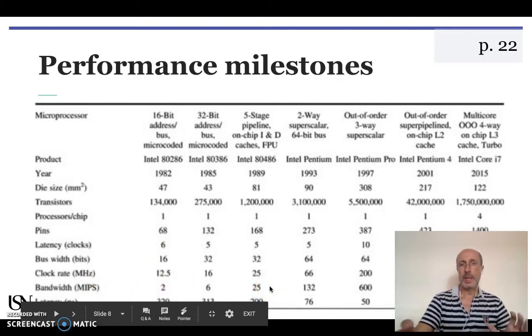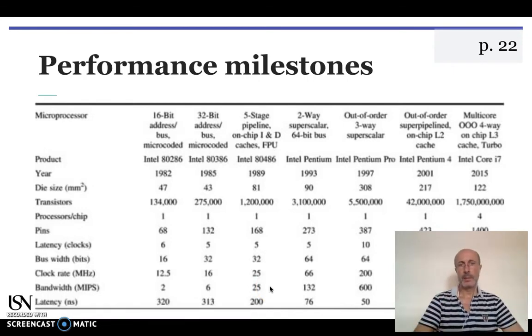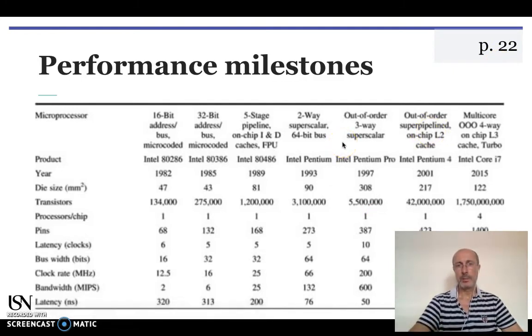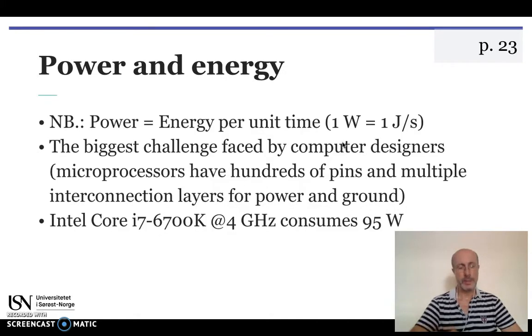What you see in this slide is actually just part of the complete table that is presented in page 22 of the book, where you can also find data concerning memory modules and local area network and hard disk technologies.